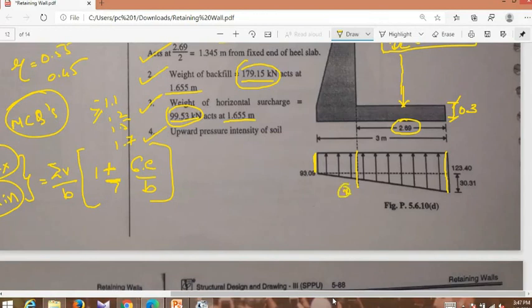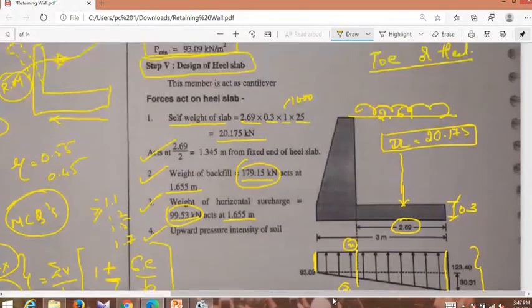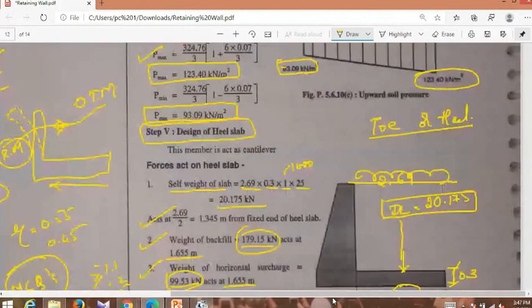I want to determine the intensity at this point, so I will take this section. Here it is 93.09, and the total is 123.40.